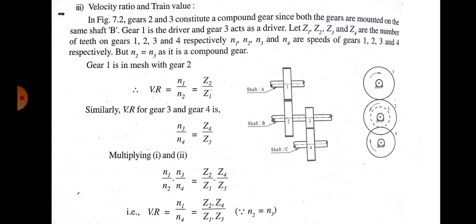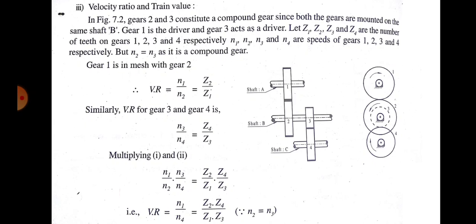Okay. Now, as we did it in the previous case, here also we will take the same way. We will take gear 1 and gear 2 initially, then gear 3 and gear 4 later, then multiply equation 1 and 2 and find out the velocity ratio. Okay, so first we will take gear 1 is in mesh with gear 2. In that case, velocity ratio, this we already know, n1 by n2 is equal to z2 by z1.